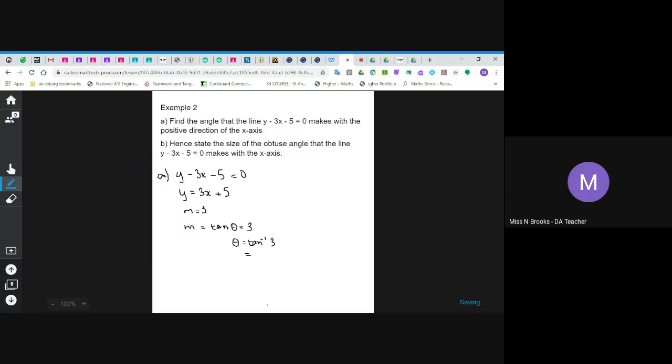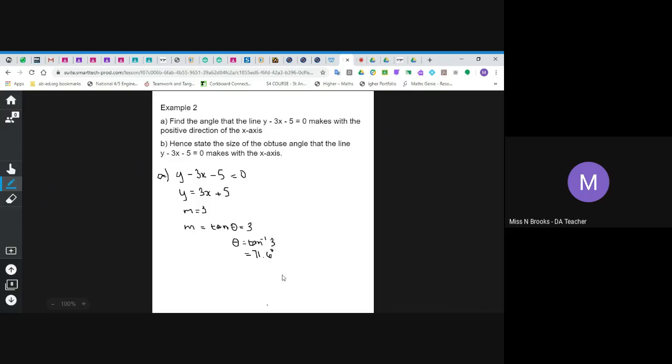And again, make sure your calculator is in degrees mode. So Shift tan 3 gives us an angle of 71.6. And that's the angle that our line is making with the positive direction.